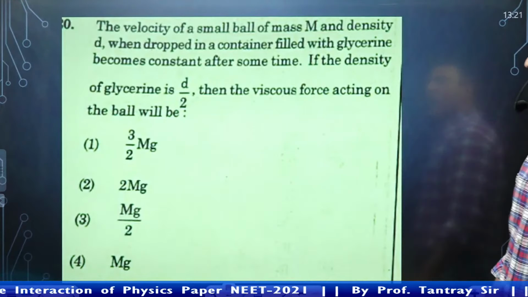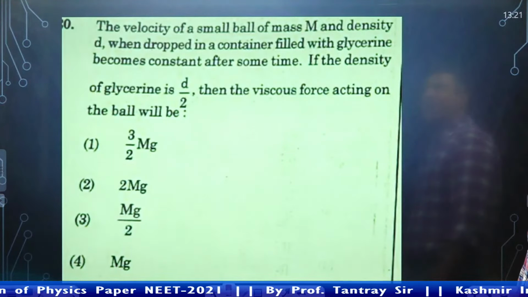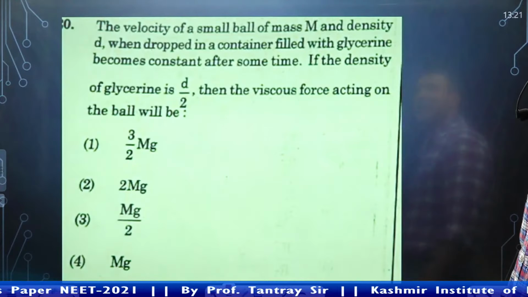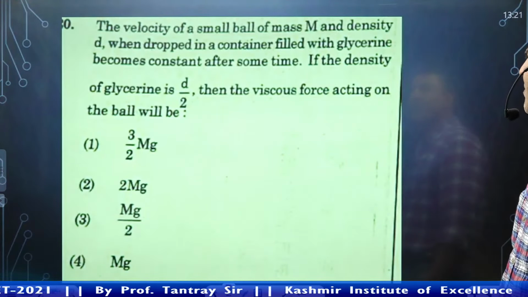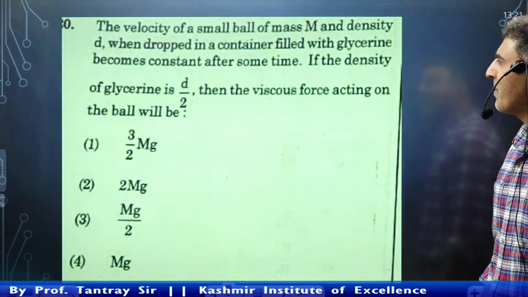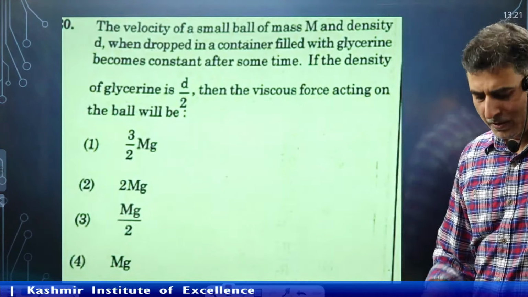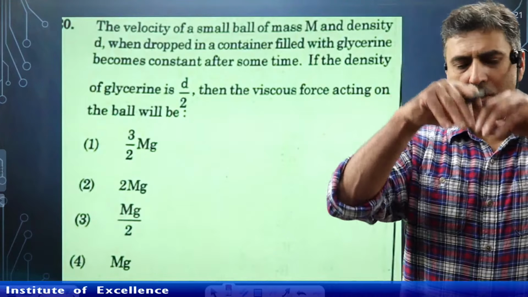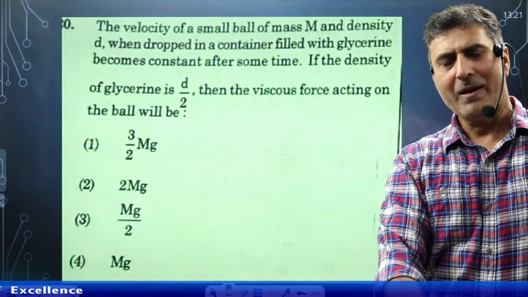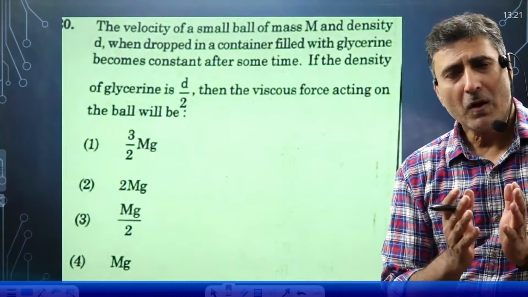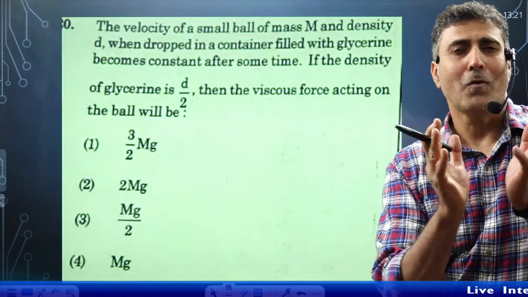Here, the velocity of a small ball of mass m and density d, when dropped in a container filled with glycerin, becomes constant after some time. If the density of glycerin is d by 2, then what will the viscous force acting on the ball be? The question is, a ball is falling in the glycerin, and finally its velocity becomes constant. When its velocity becomes constant, that means the net force on the ball is 0.